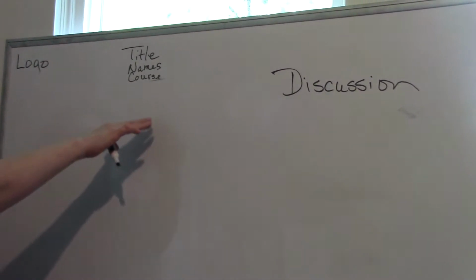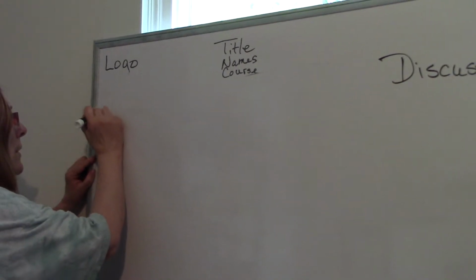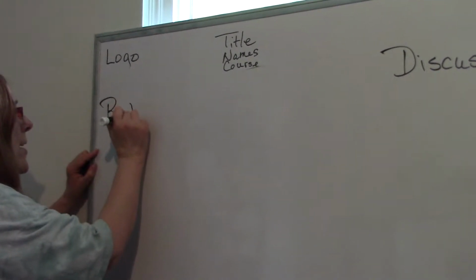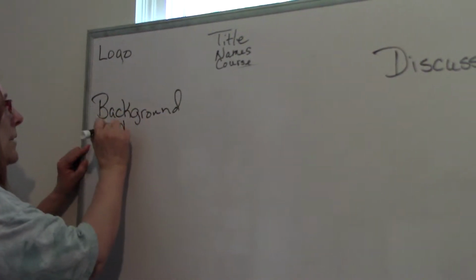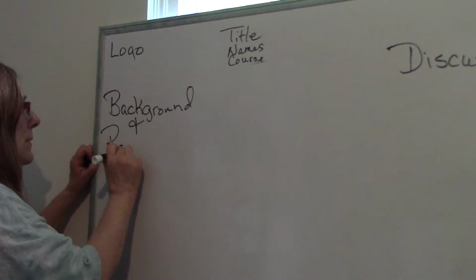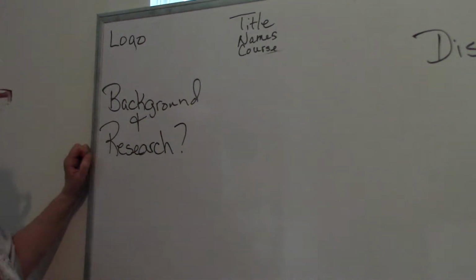Okay, so if you look at that poster template, there's already a logo, there's a place for your title, your names, and your course, and I'm going to switch this around so there's no confusion. There's background and research question. Okay?